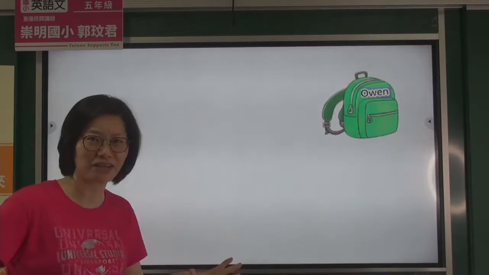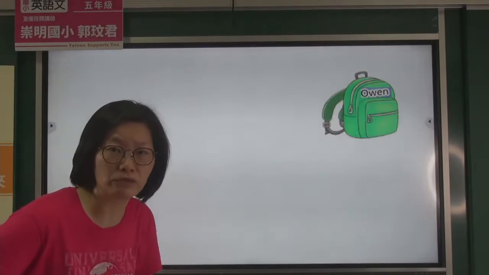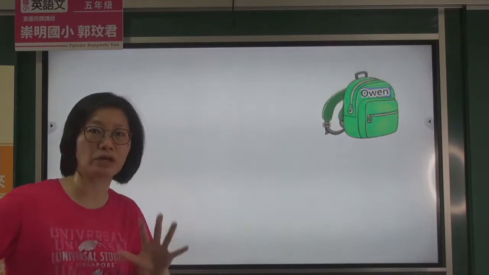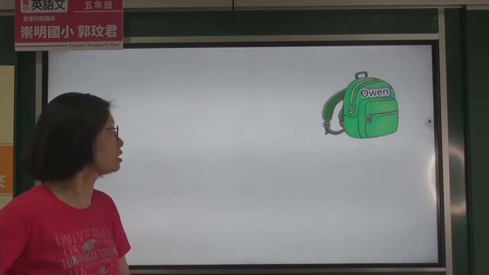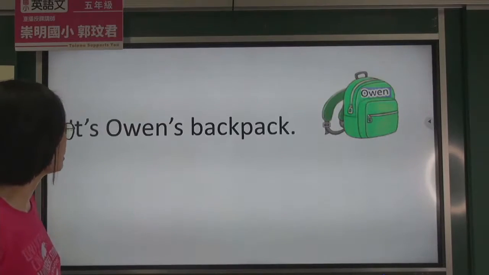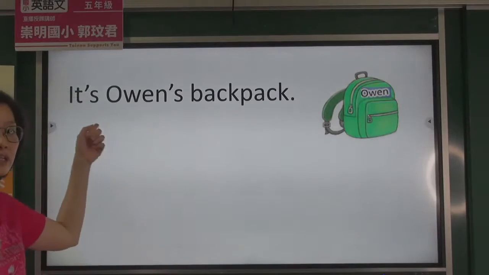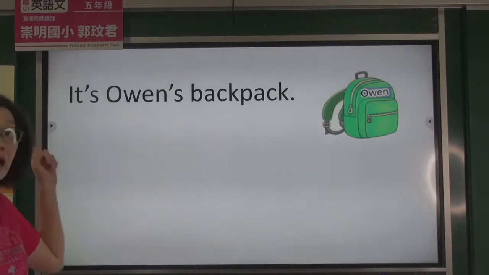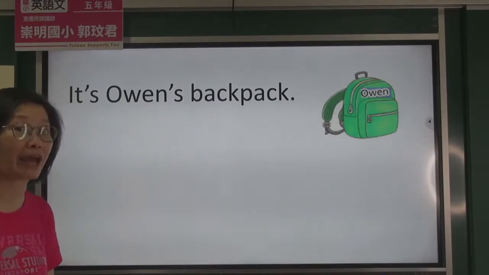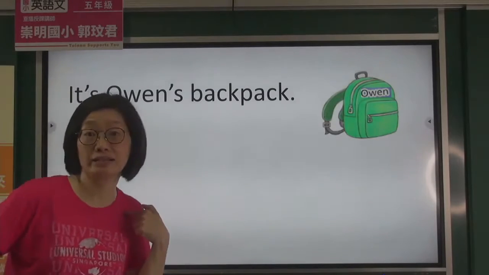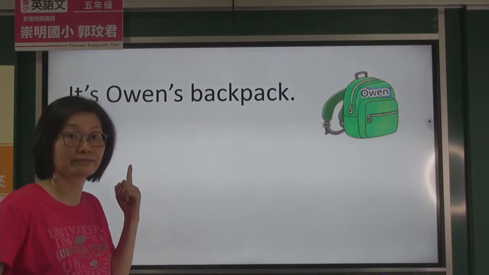Very good. 你看你有在荧幕前面做练习，是不是？你有很多个讲法。You can describe this picture. Pretty good. So let's take a look. This is my sentence. Can you read? It's Owen's backpack. That's right. Do you agree? That is my description. Do you agree?